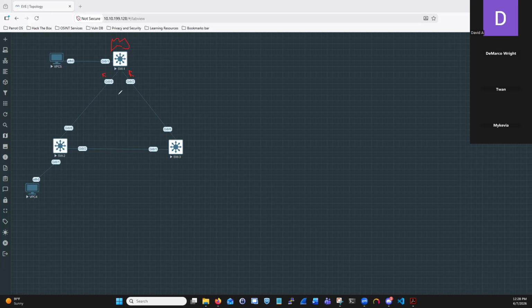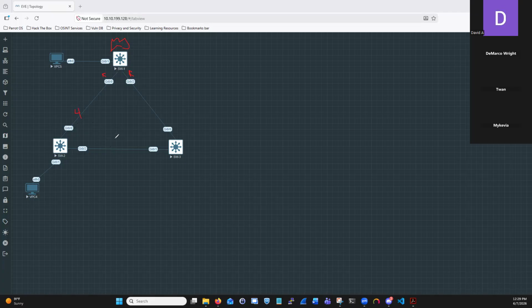Each non-root switch calculates the least cost path between itself and the root switch. Let's focus on switch two for a second. The path to get to switch one is 4.